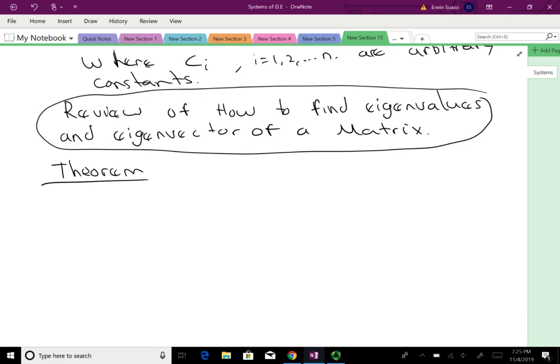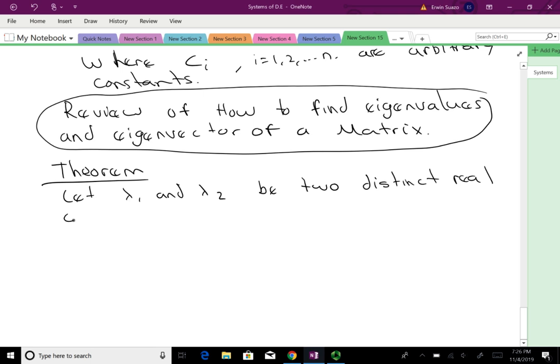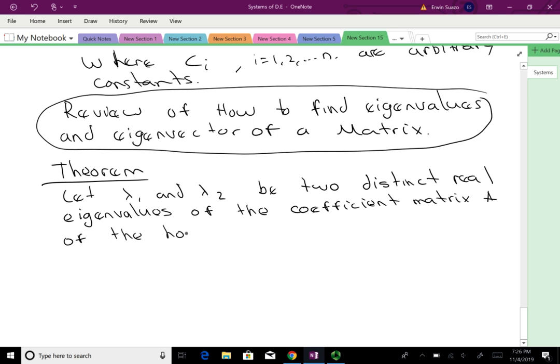Let me just do a 2 by 2 matrix. So let lambda 1 and lambda 2 be two distinct real eigenvalues of the coefficient matrix A of the homogeneous system, and let's write x prime equals Ax.